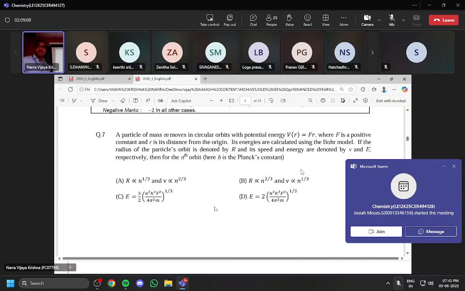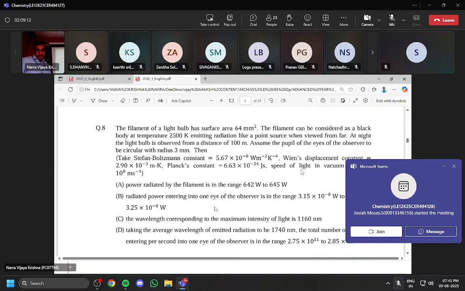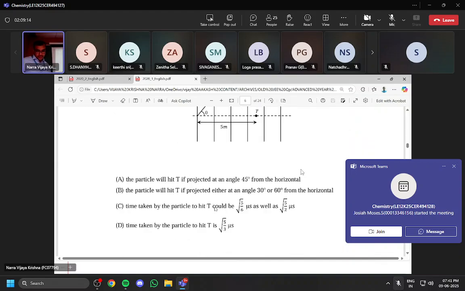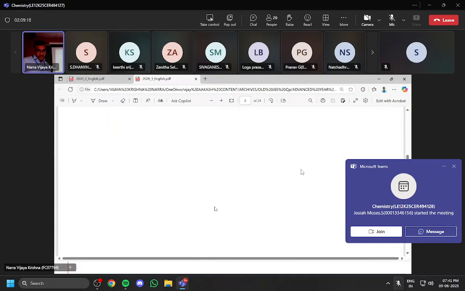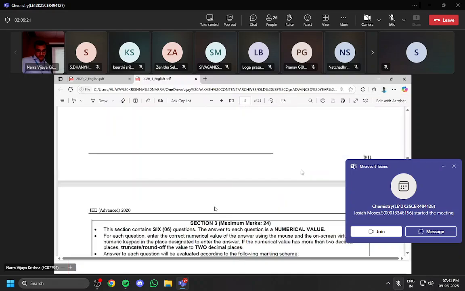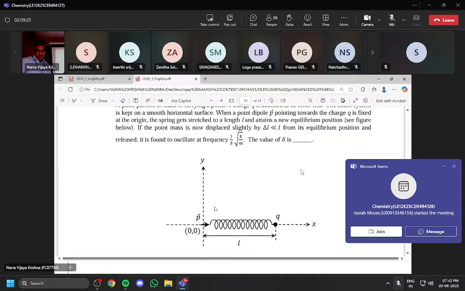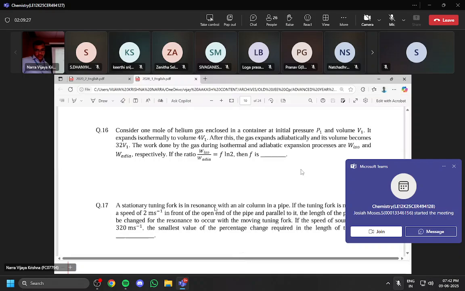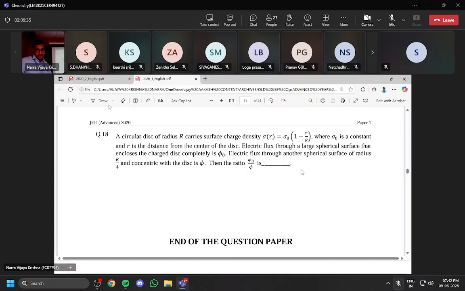Structure of atom. Thermodynamics. Isothermal, work done in isothermal upon adiabatic. Right, I am closing it.